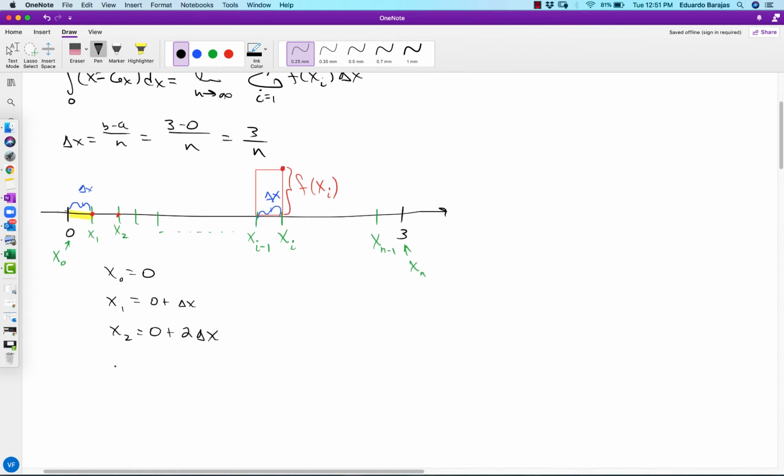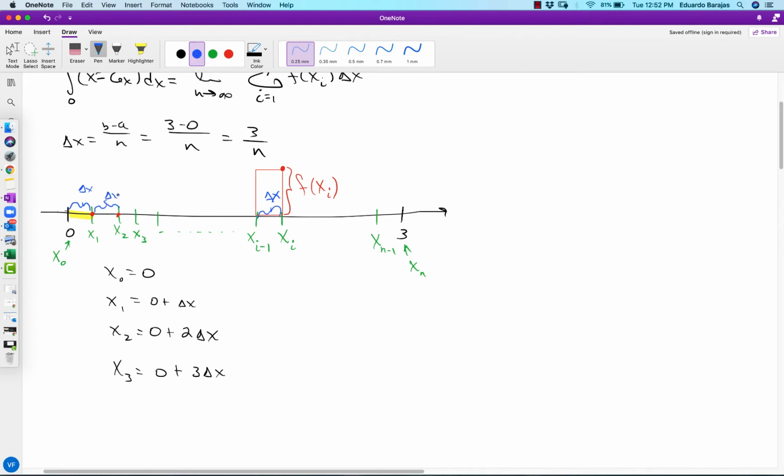Zoom out here. x sub 3 will be equal to 0 plus 3 copies of delta x. Right? I have 0 here because we just happen to have started at 0 every time, because we're asked to integrate from 0 to 3. Okay, so this x sub 3 is equal to 3 multiples of delta x.